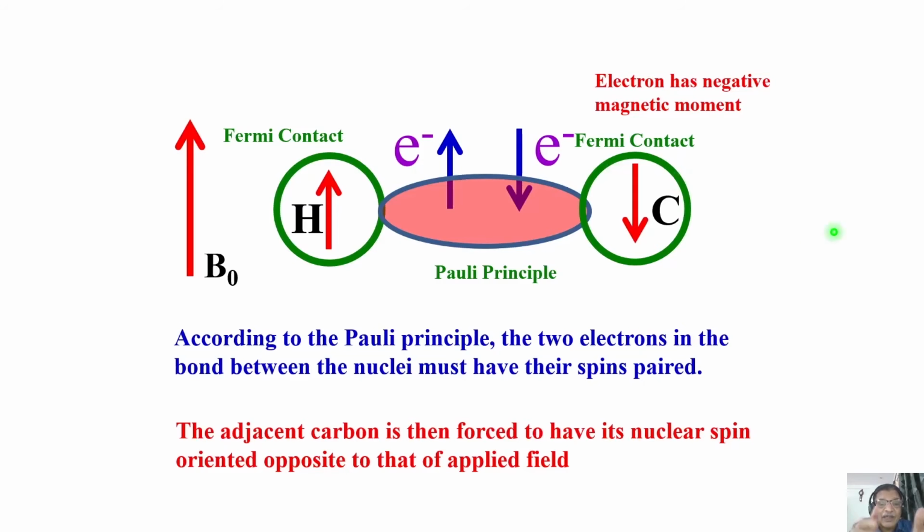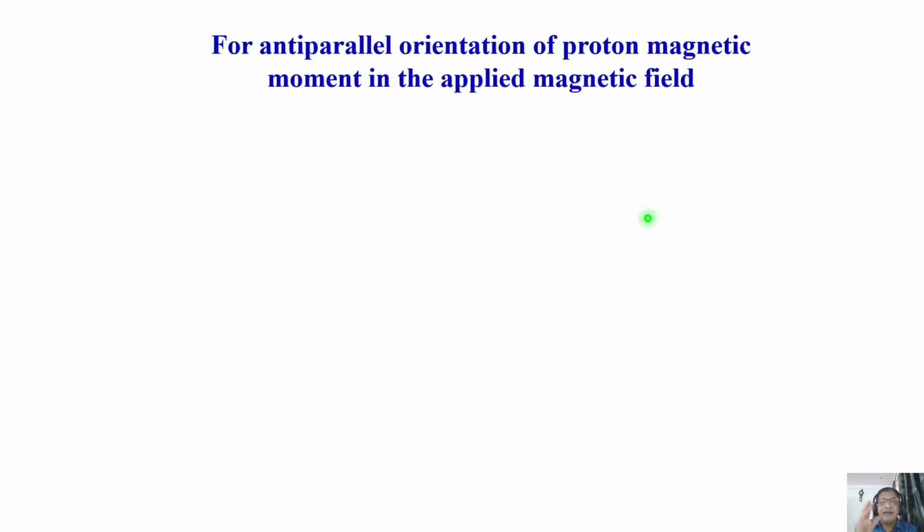Now let us look at the orientation of the two nuclear spins, proton and carbon. They are oriented opposite to each other by this mechanism. So I started with the parallel orientation of proton spin with respect to the field and ended up getting carbon orienting opposite to the field by a single sigma bond. Remember, this is a concept. Why does it happen? Because that is the favored configuration.